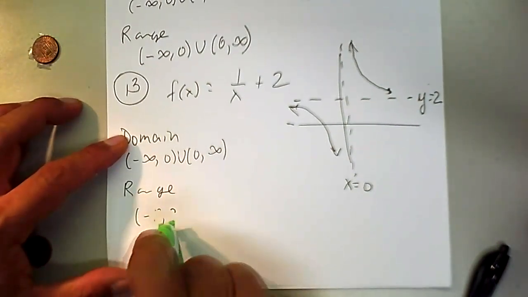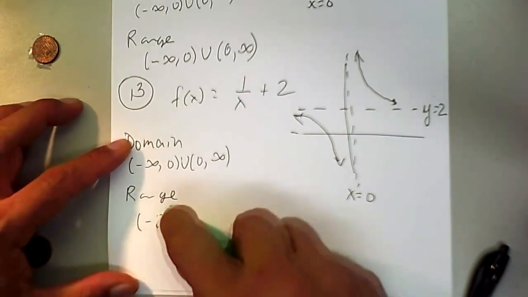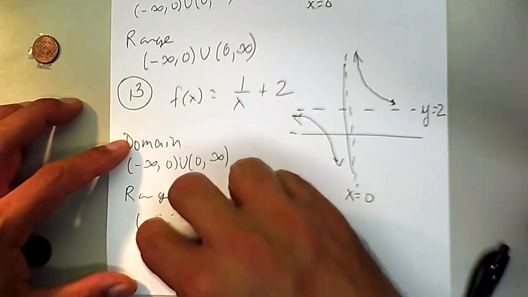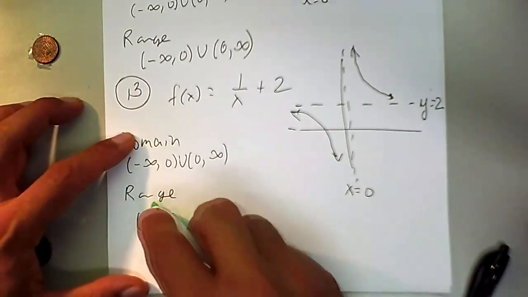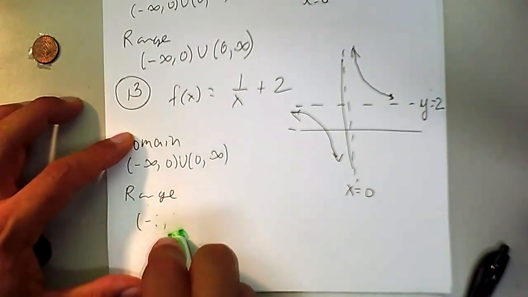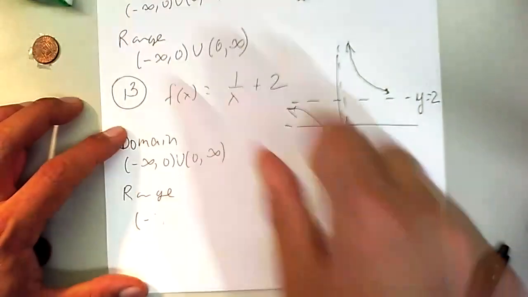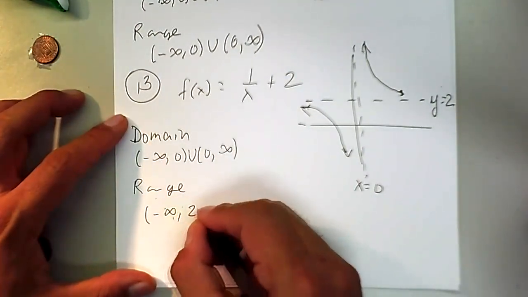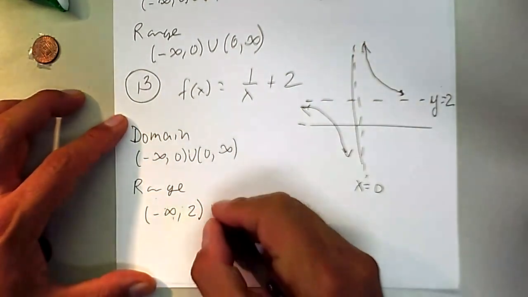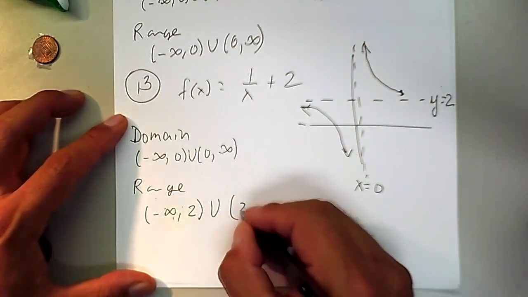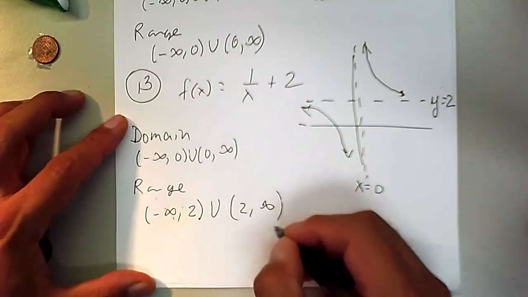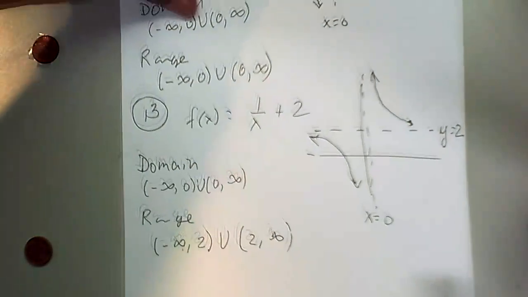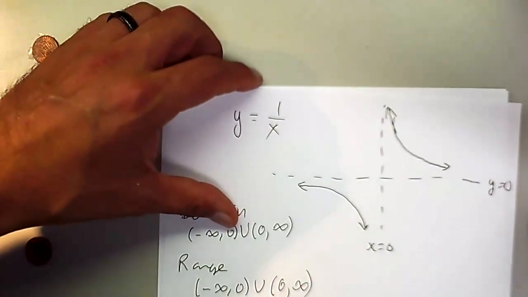Negative infinity to 2, skip the 2, and then from 2 to infinity. And what is the relevance of that? Well, let's move on with this example 13.